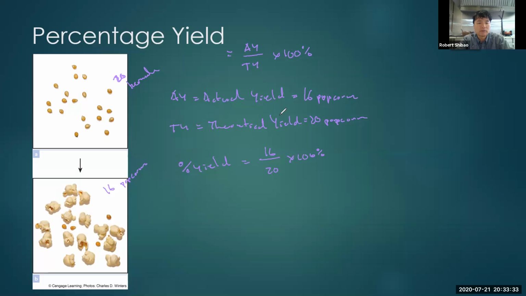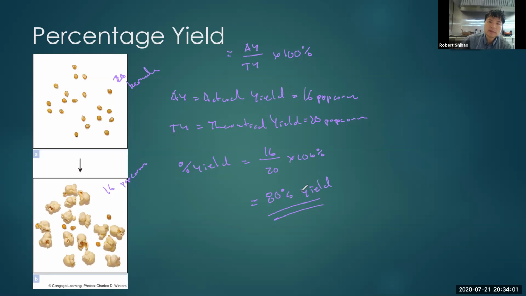No, not 3/4. 16 over 20. If I divide it by 2, it's 80%. And so we only got 80% of what we're supposed to get. And so we call this an 80% yield. So that happens in chemistry too.